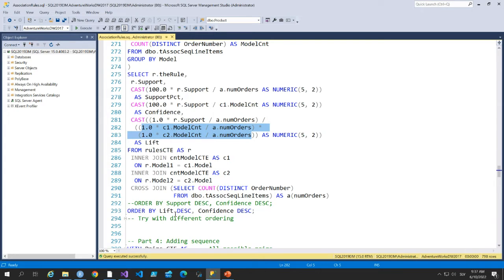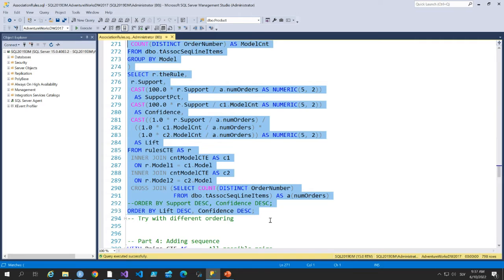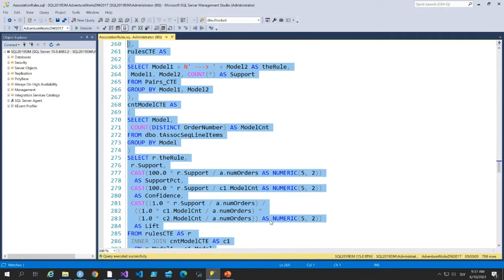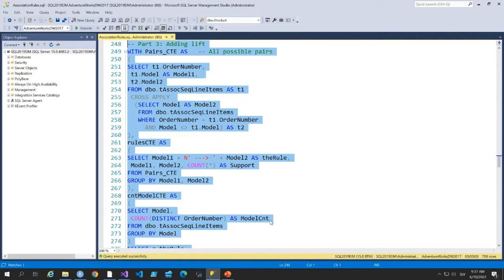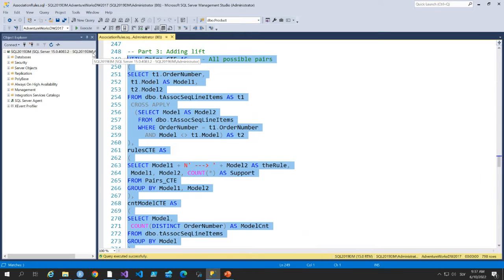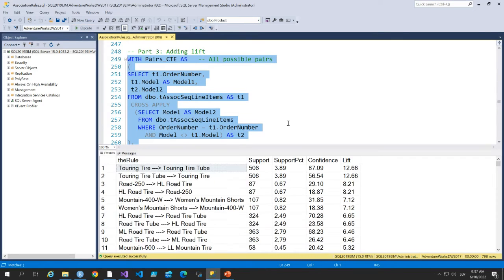And now I can order by different measures, order by support, confidence, lift. Let's start by ordering by lift and then confidence. So the most popular item sets will not be in the first place, but those that have really, really strong associations. And we see this extremely high lift, more than 12, for Touring tire and Touring tire tube.